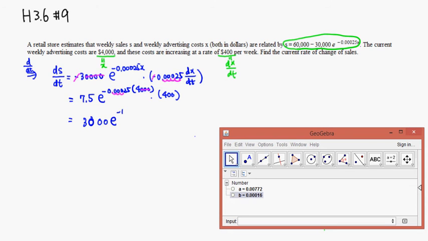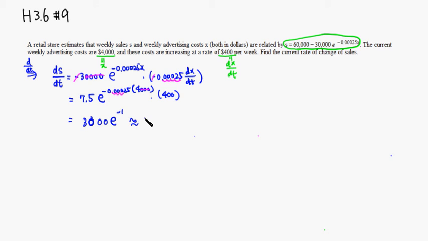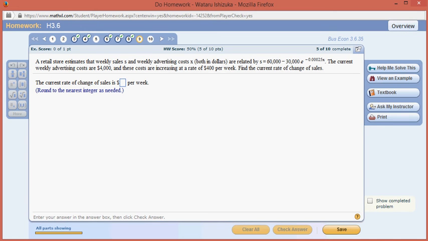So let's find that. We get 1,104. So this is 1,104.